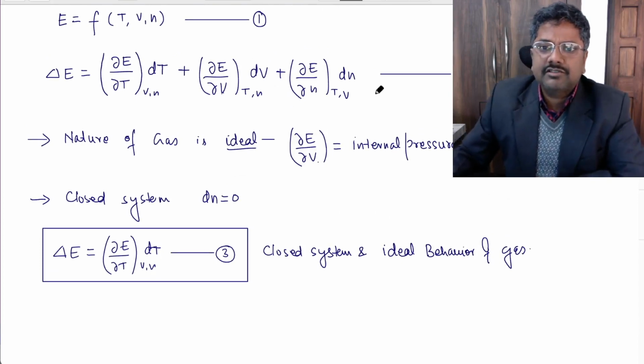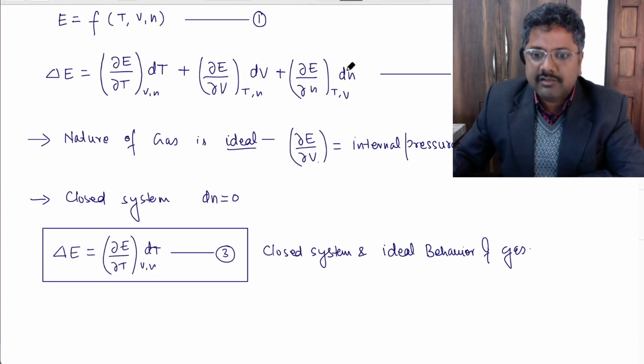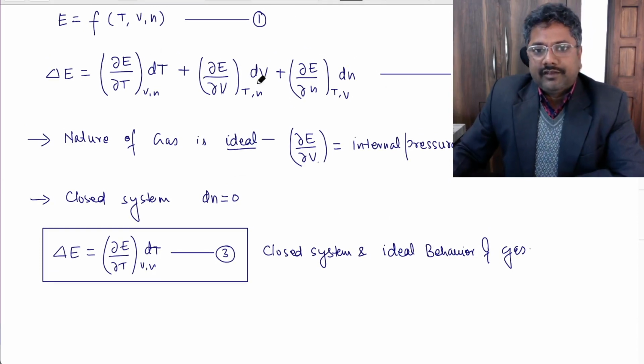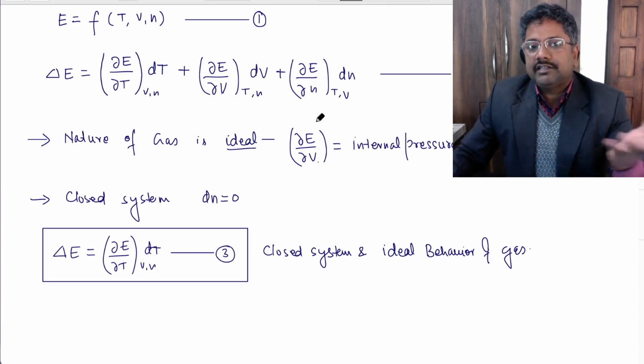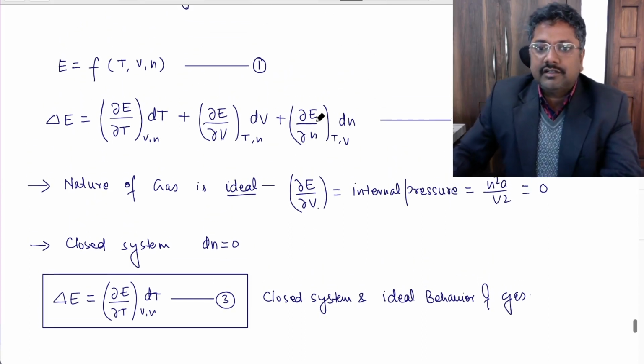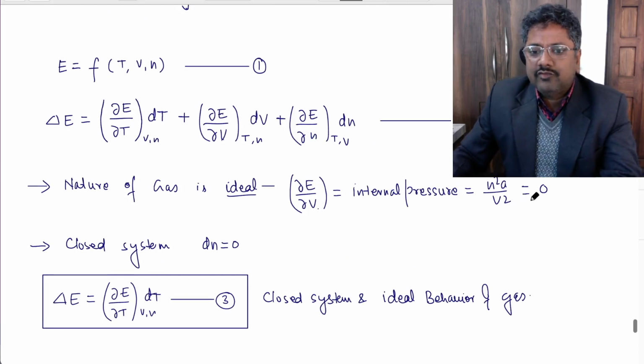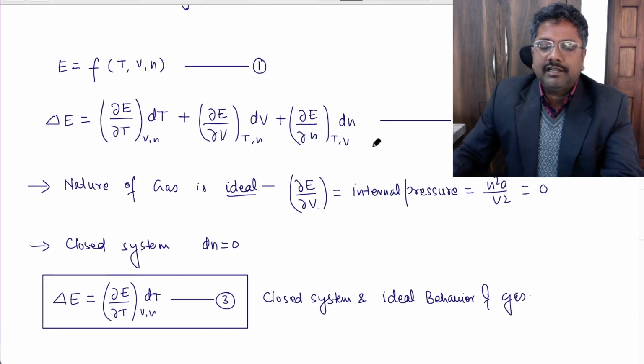If your system is not closed, there is some change in the number of moles, then you have to include this. And if the behavior of your gas is not ideal, you have to put n²a/V² in place of this and integrate and get the change in internal energy. But this is not required for you, you just should know it, it is not any difficult point, right?